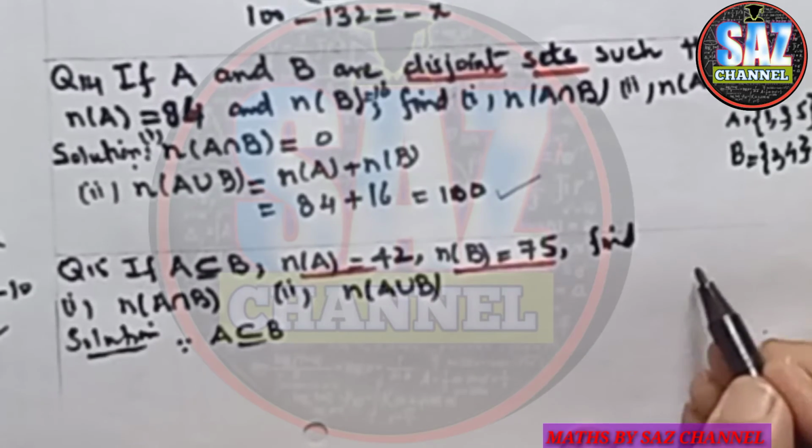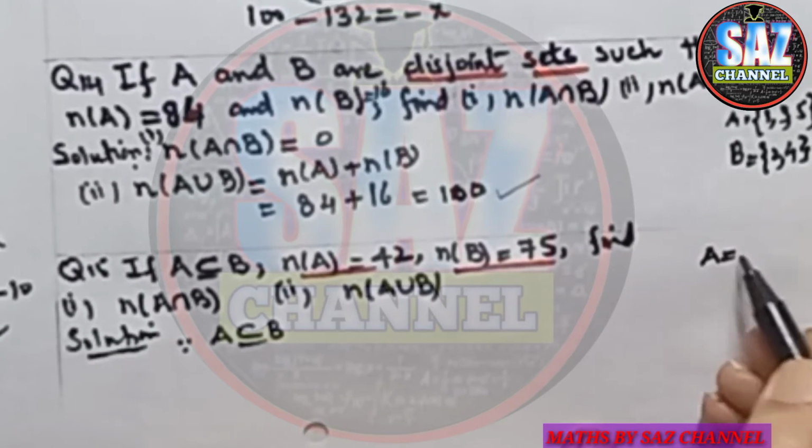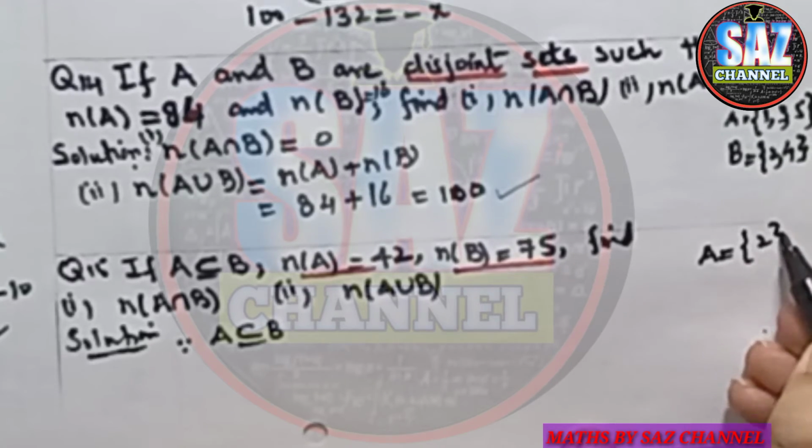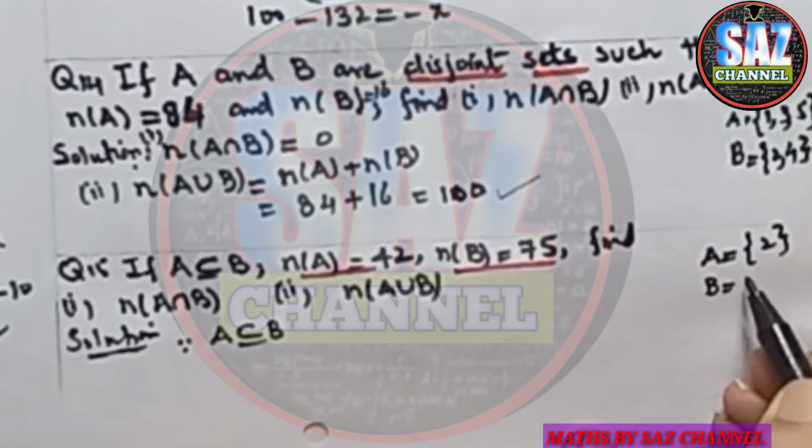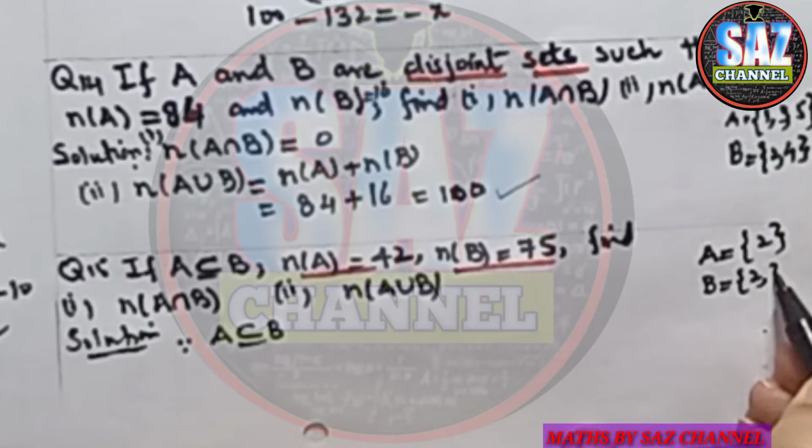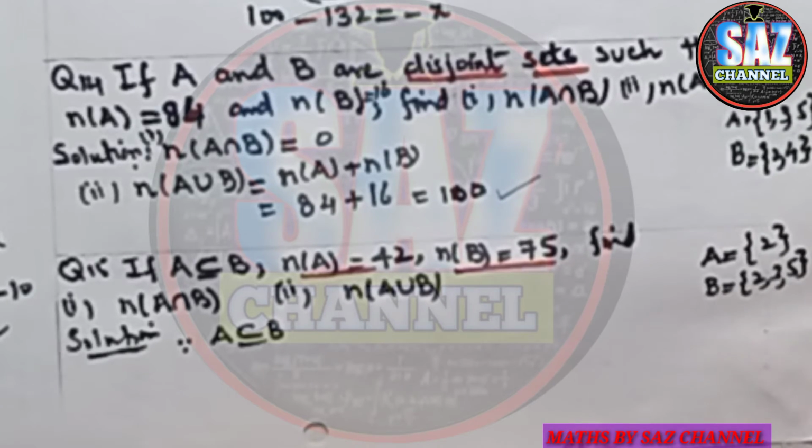Like we can take the idea that if A equals 2 and B is 2, 3 and 5, now you can see that the elements of A are completely contained in B. So when I take the intersection, it means the common elements only.